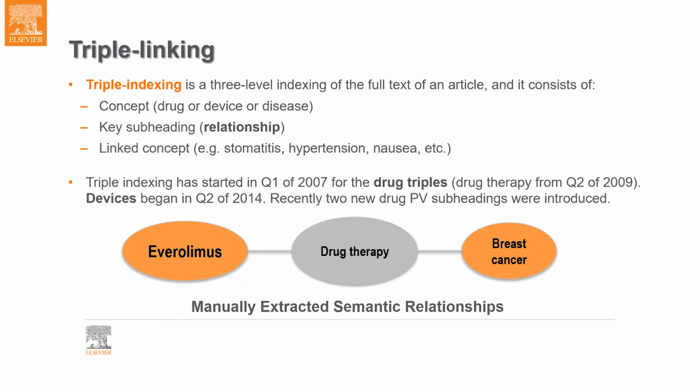Here you can see all articles related to breast cancer and everolimus. Here it was indexed, and triple links were placed and saved in the database, and you can easily take it and easily understand what the relation is between everolimus and breast cancer.